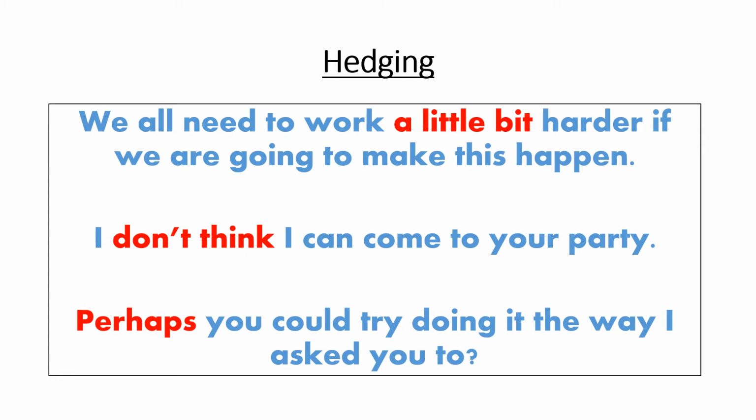When someone else has some bad news, they very often use hedging, even though it doesn't change the meaning at all. But you can imagine the reaction to someone saying, "I don't think I can come to your party," versus someone saying, "I can't come to your party," helps to soften up that level of disappointment. From reading the third one, "Perhaps you could try doing it the way I asked you to," there is already the hint of a lot of subtext to this.